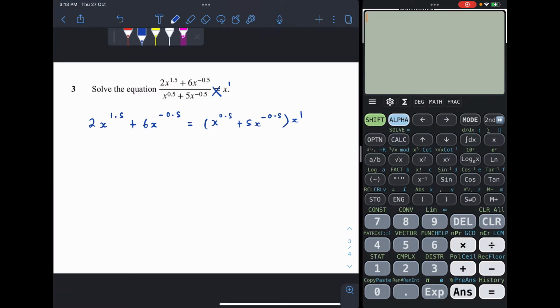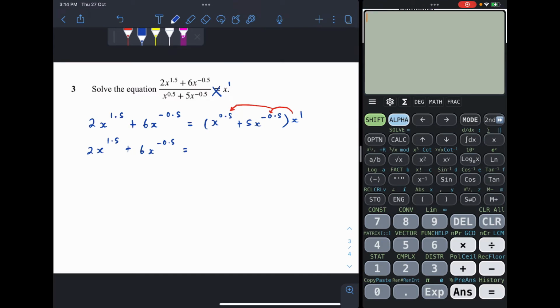When the x^1 needs to multiply, it needs to multiply two things: the first number here and also the second number here. So same thing, 2x^1.5 plus 6x^-0.5 equals x times the bracket.